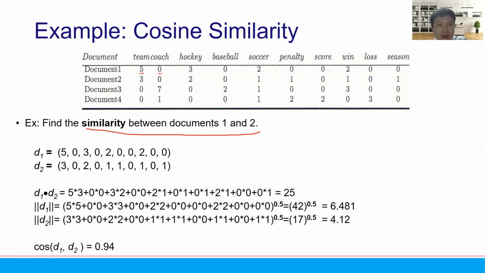So we have 5, 0, 3, 0, 2, 2, 0, 0, 0, 2, 0, 0. And what about document 2? The same: 3, 0, 2, 0, and so on. After we have this, we multiply between those two numbers. So 5 multiplied by 3 plus 0 multiplied by 0 plus 3 multiplied by 2 plus 0 multiplied by 0 plus and so on. So you will get this formula, and the result is 25.